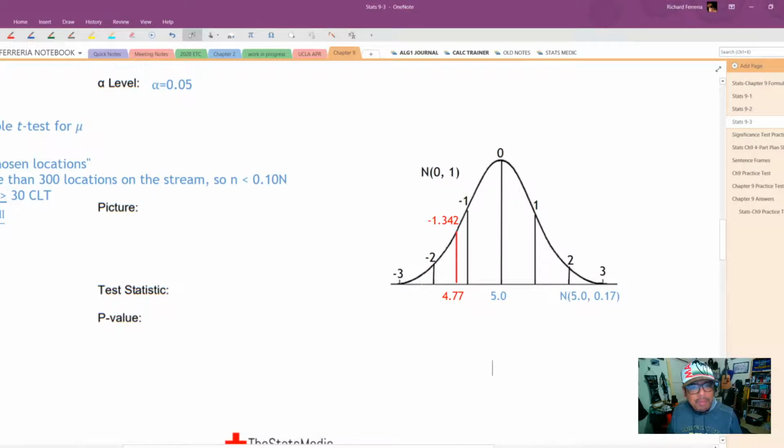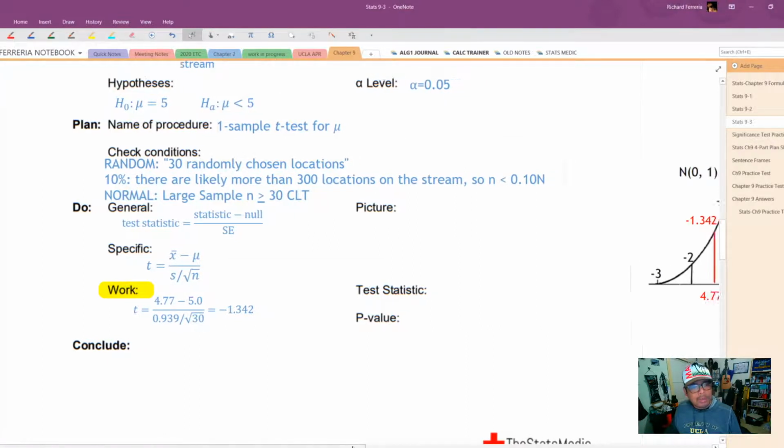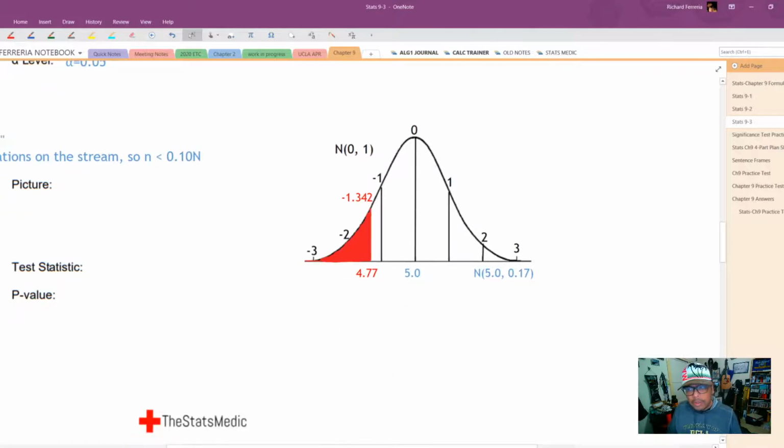We can estimate where negative 1.342 is, and then we're going to shade. Our alternative hypothesis is that mu is less than 5, so we are going to shade to the left. Looking at what we've shaded, this looks like a pretty sizable p-value.